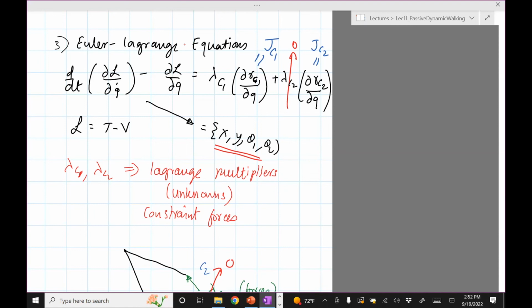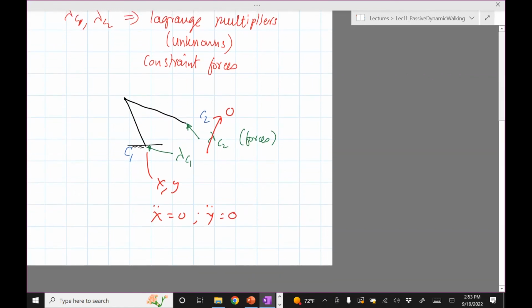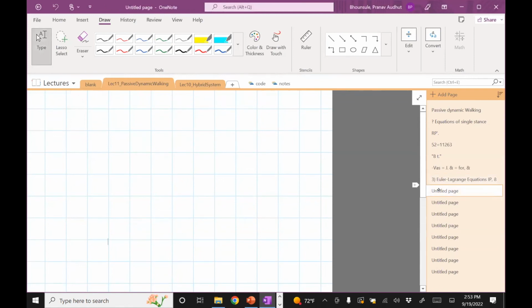That's because, remember, this x and y. Since this point, C1, is grounded, x double dot equals 0 and y double dot equals 0, right? It's not going anywhere, it's fixed. So those 2 equations basically give you an identity. It gives you the constraint forces. Let me write that down.